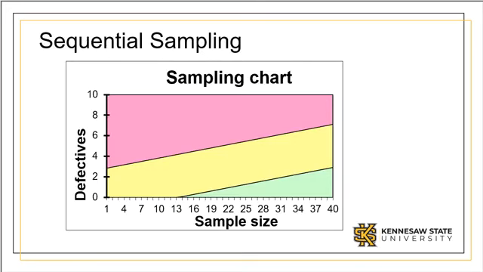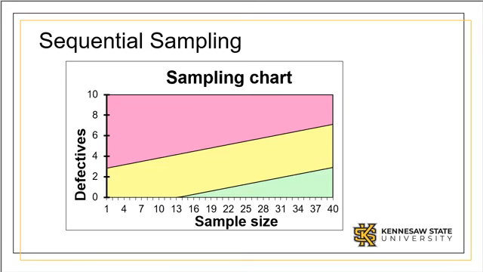Sequential sampling plans are similar to multiple sampling plans, except that they continue indefinitely. These plans are stopped after a designated number of rejects have been uncovered out of a number of samples assessed. They are based on the following factors: producer's risk or alpha, consumer's risk or beta, acceptable quality level, and rejectable quality level.